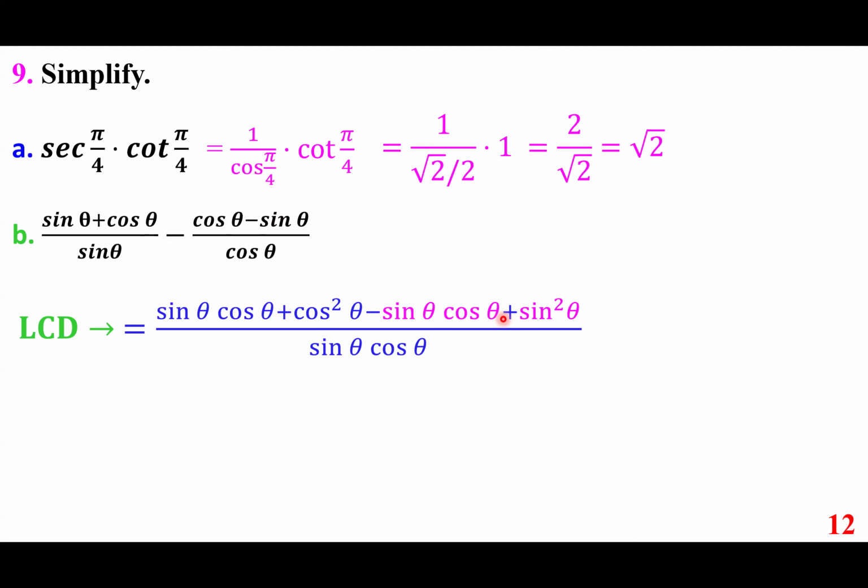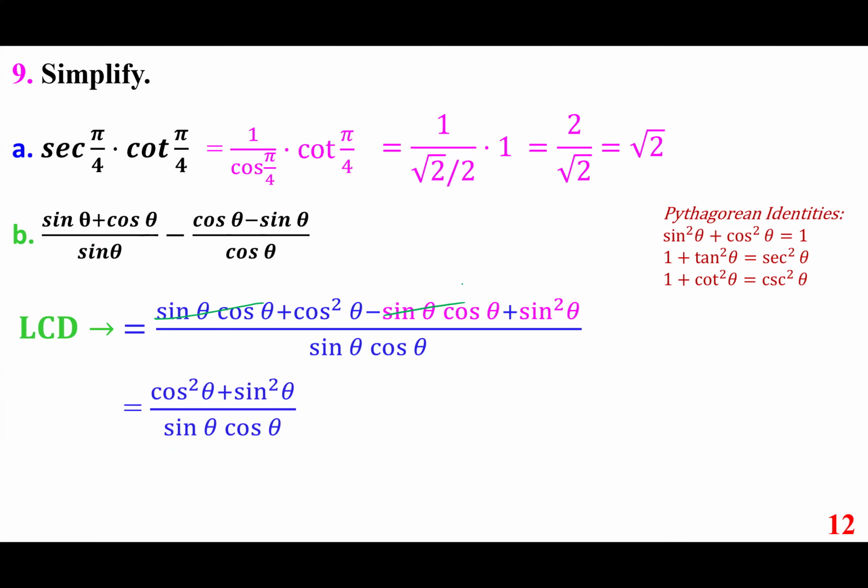So what happens is that these two cancel each other. We have cosine squared plus sine squared in the numerator, and that is equal to 1. So 1 over sine theta cosine theta.